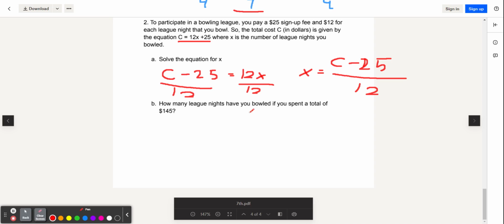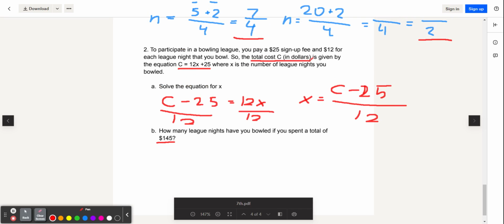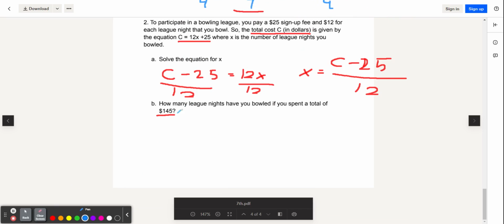How many league nights have you bowled if you spend a total of $145? Now, this is going into x. Pardon me, it's going into C, because C is the total cost in dollars. So, just like before, we would plug in the number and solve for x.